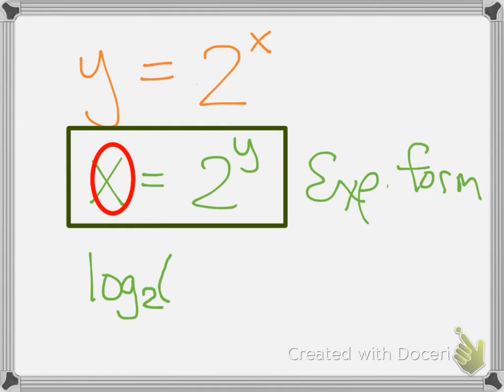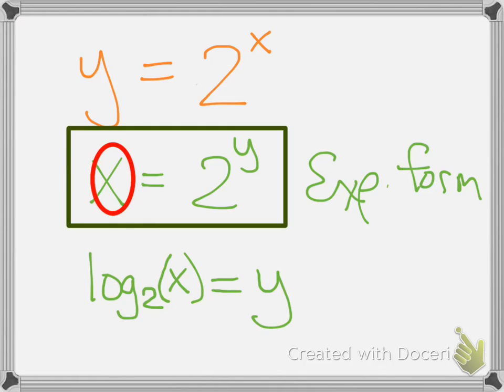So that's what's going to go right next to the log expression. And then from there, the output of the log function is always, always, always, did I say that enough? Always the exponent of the exponential, the exponent on the base. And so in this case here, our exponent is y. That is the output of the log function.